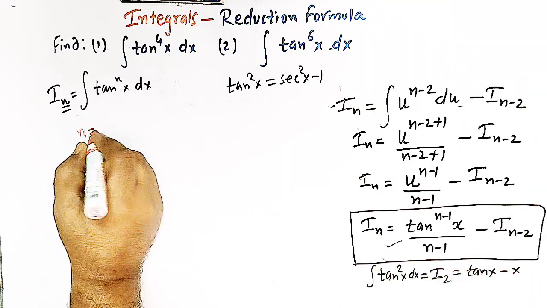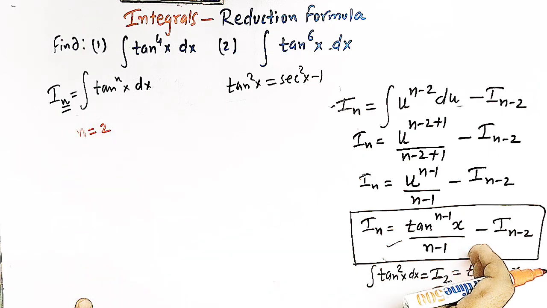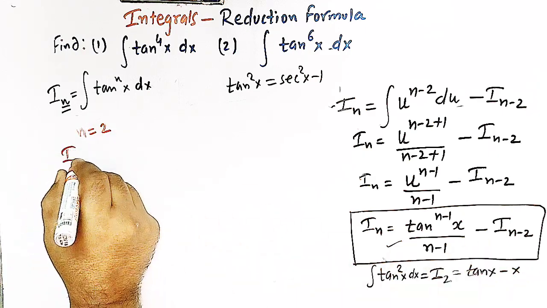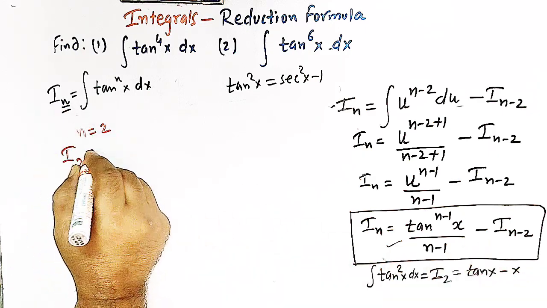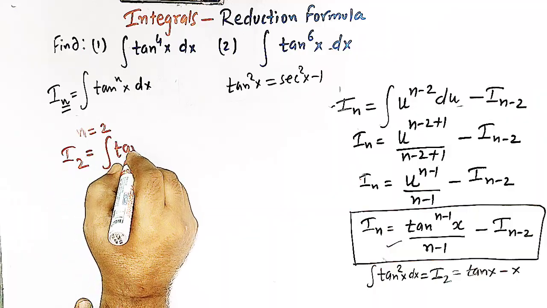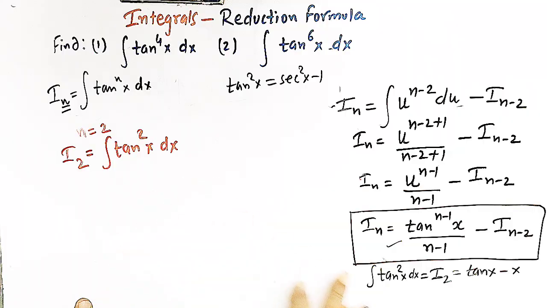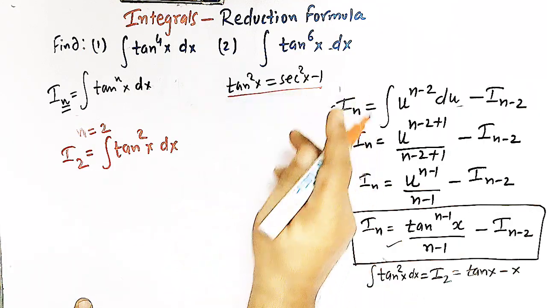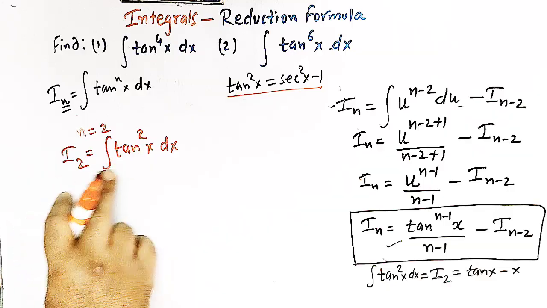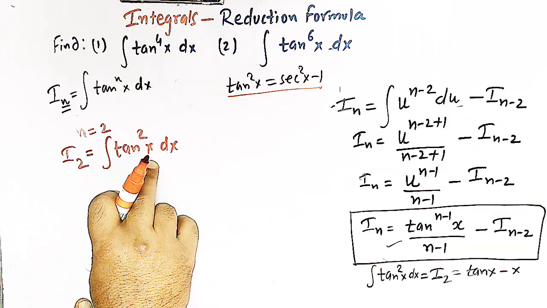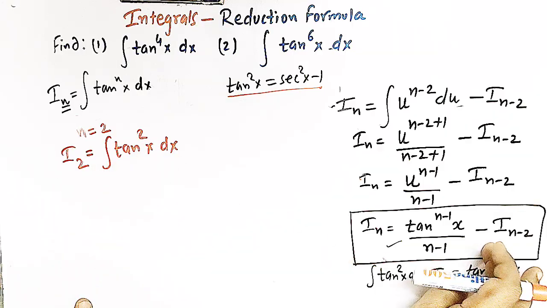If we take n is equal to 2 in this equation, then we have I2, and I2 is given by the integral of tan square x dx, right? We calculated the value of this integral by using this identity, but we can also find the value of the integral of tan square x dx by using this equation.